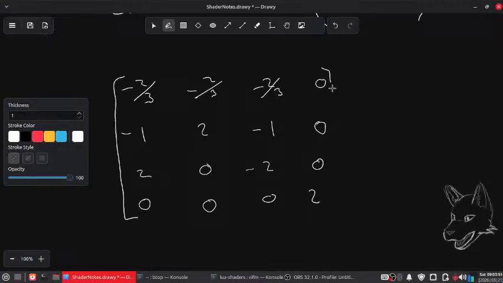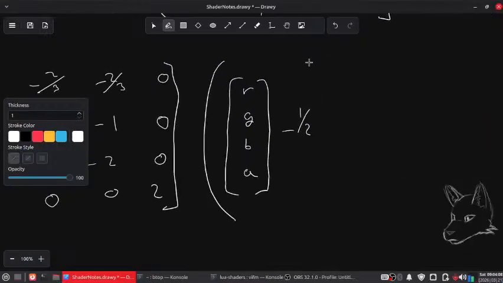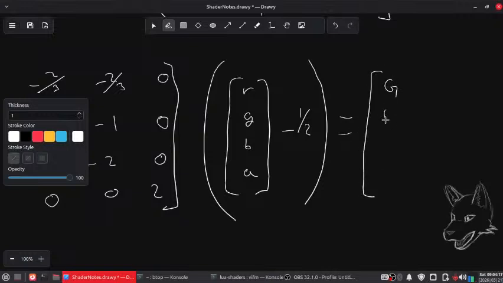There's this times RGBA -1/2 is equal to G, E, E A, gradient exposure temperature alpha.